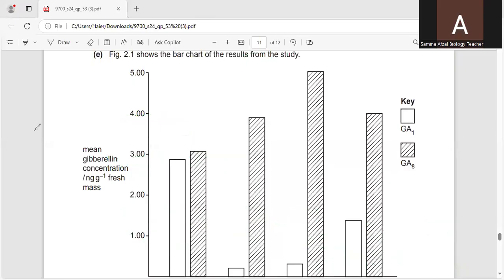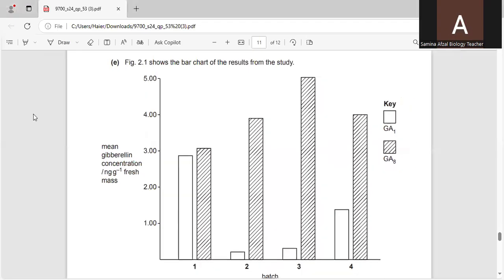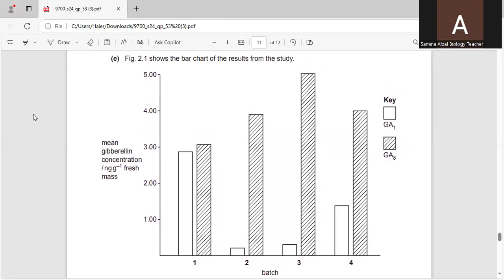Now the next question is 2.1. Figure 2.1 shows the bar chart of the results from the study. The mean concentrations are given on the y-axis and 4 batches are given on the x-axis.